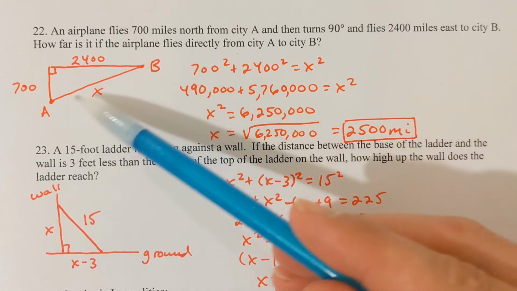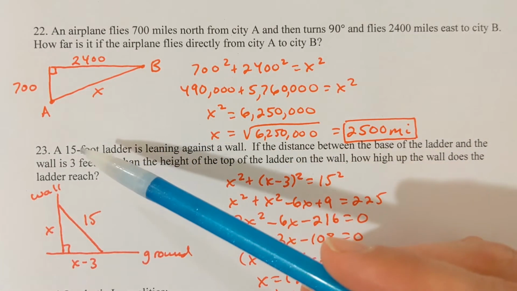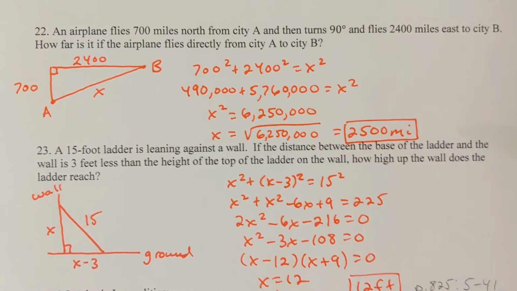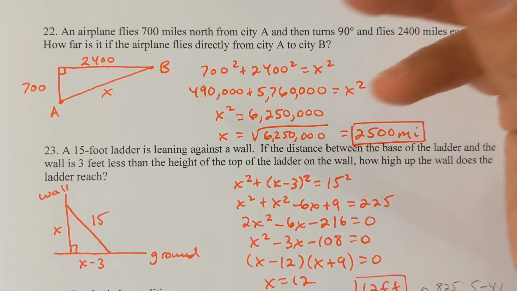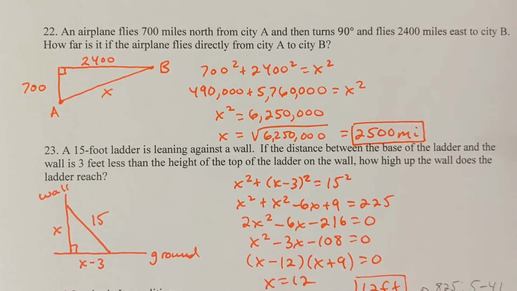What would be this measurement here, which we'll call x miles? In this problem we have a right triangle, marked with a right angle, so I can use the Pythagorean theorem. The sum of the squares of the legs equals the square of the hypotenuse.